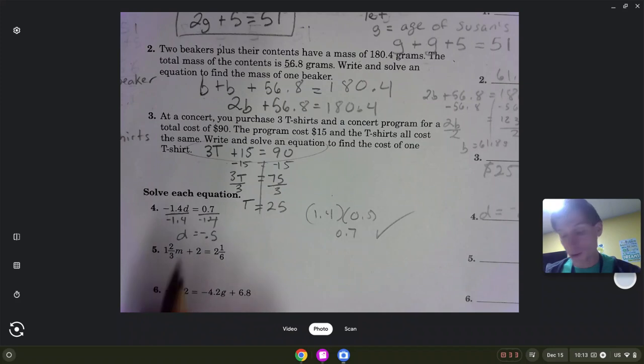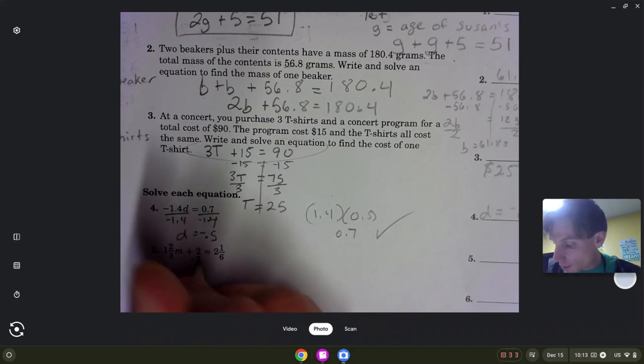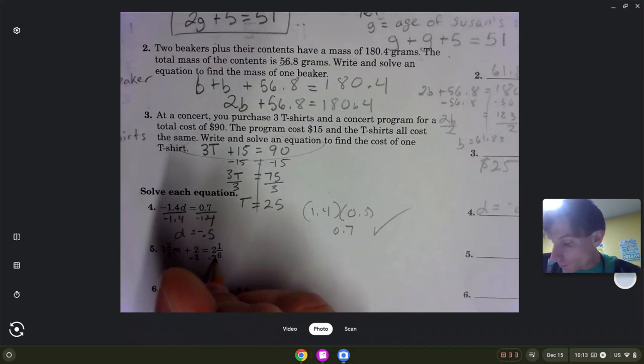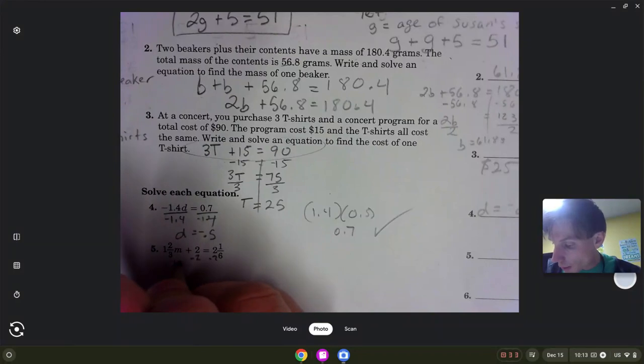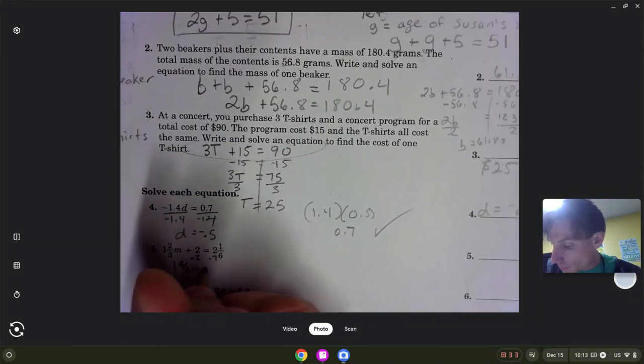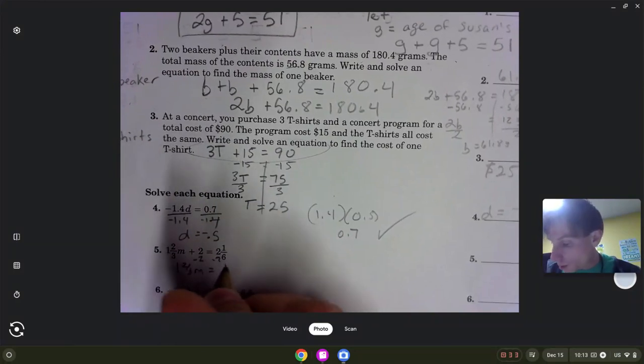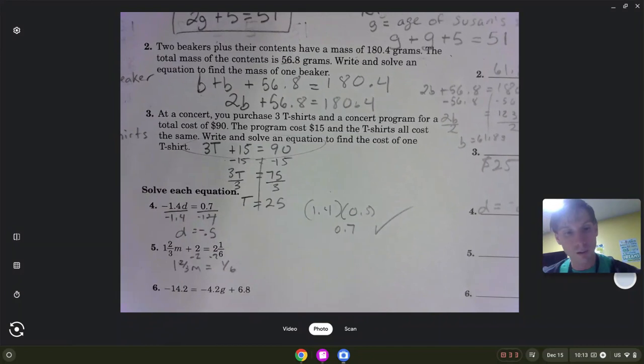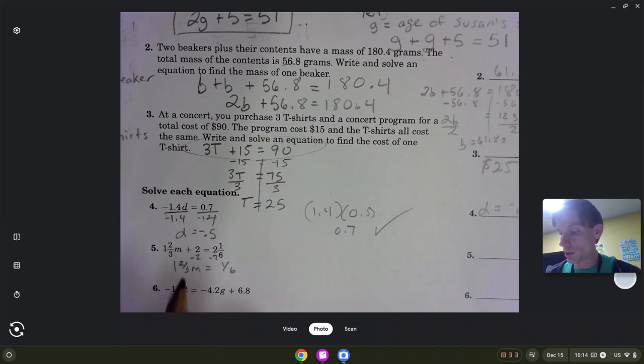Let's get this 2 to the other side. So the opposite of adding 2 is subtracting 2. Subtract 2. We're left with 1 2/3 M equals 1/6. Okay, great. This little tiny part here at 1 2/3 is a little bit challenging. In fact, I'm not going to make you do this on the assessment, but we should still know how to do that.